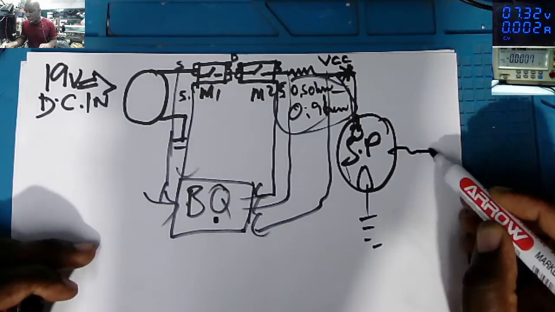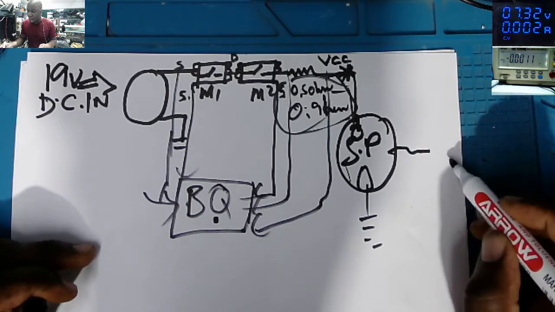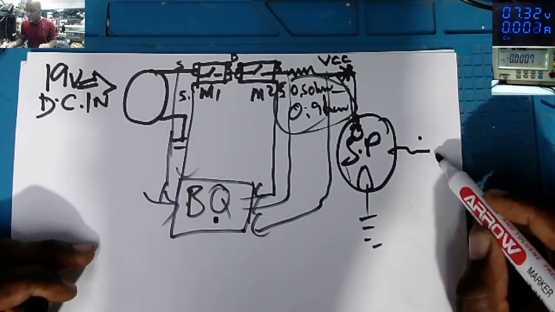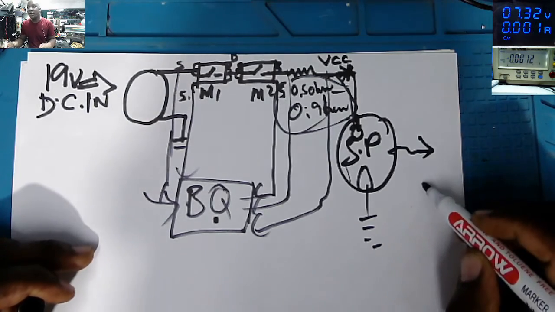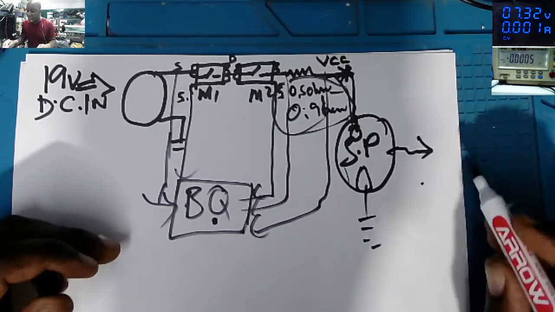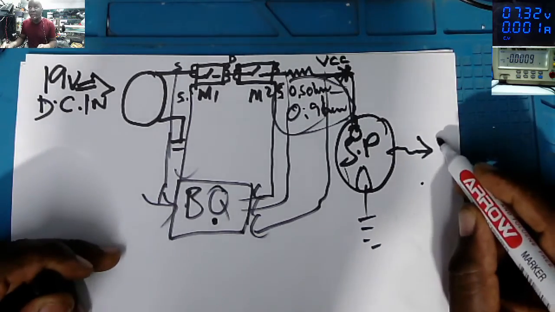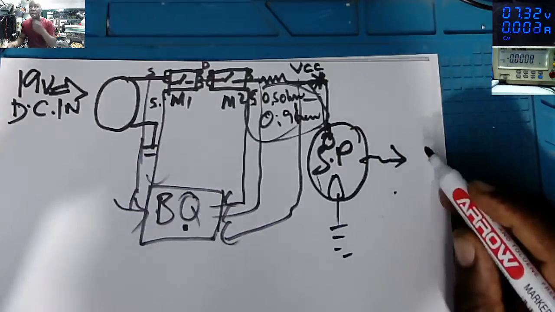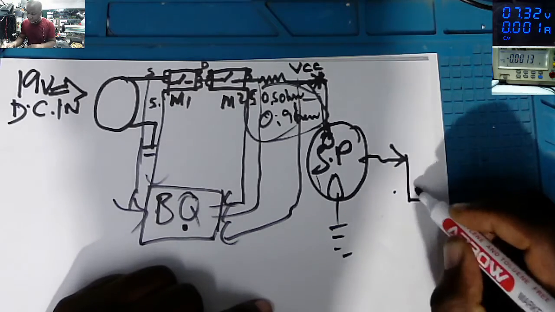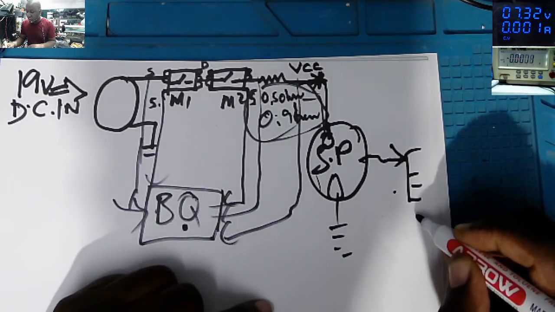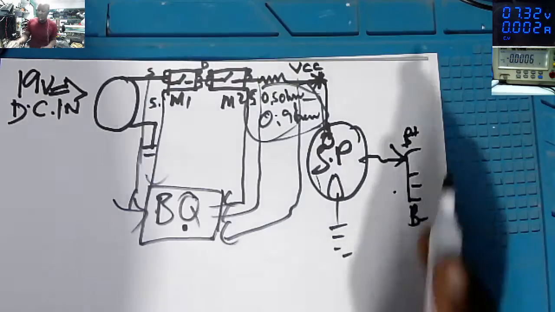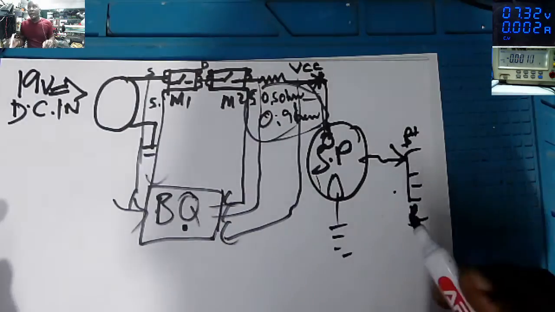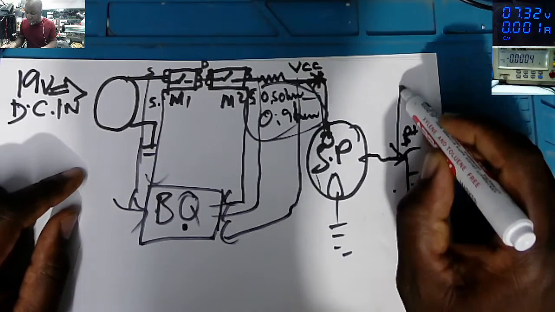And on the output here, we have an electrolytic capacitor and coil, and that is the power to charge the battery. We have the B minus and B plus to charge the battery, and the power from the battery is coming this direction.